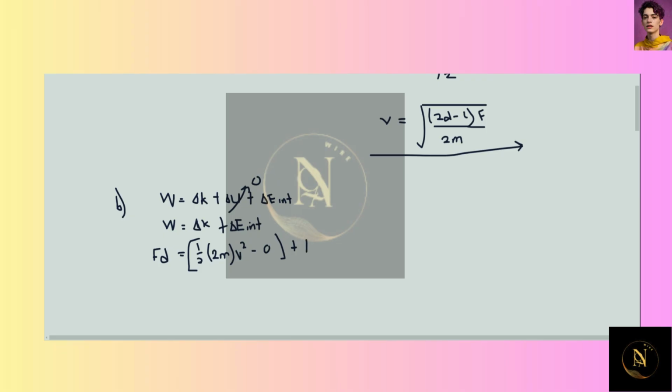This is plus some change in internal energy of the system. And notice that that cancels there. So Fd is equal to essentially mv squared minus 0 plus delta E internal.